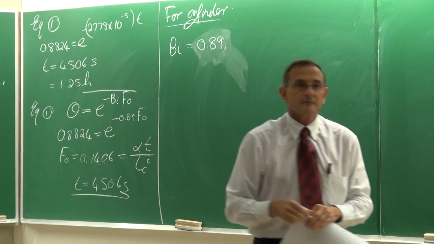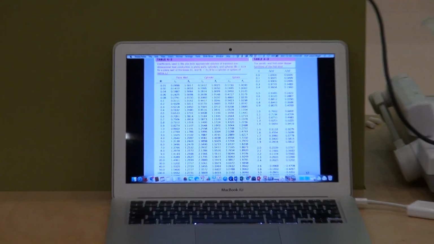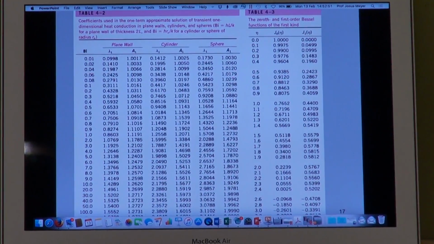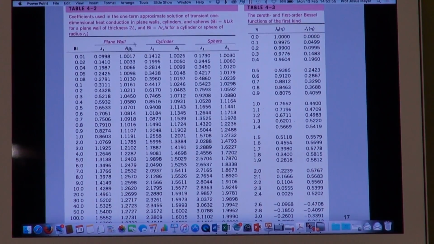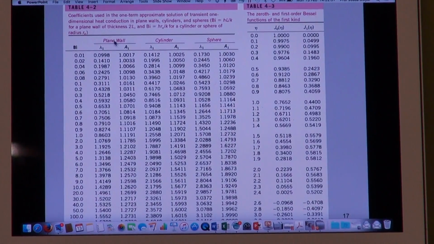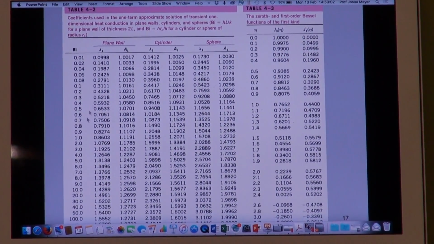And then that Biot number is part of the eigenvalues that need to be solved, and the results are given in table 4.1. So if you look in table 4.1, you'll see there's a solution for a plane wall, a cylinder, and a sphere, and there are the Biot numbers.